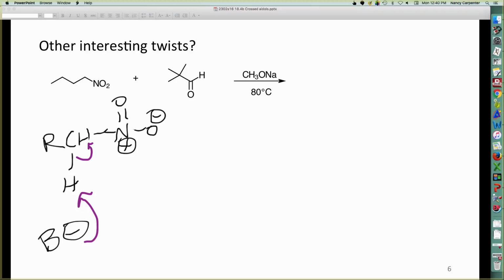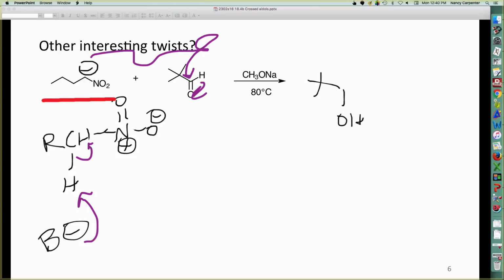So in other words, this guy right here is going to be giving me my nucleophile, my enolate partner, right there, and that will react right there to give me the aldol.